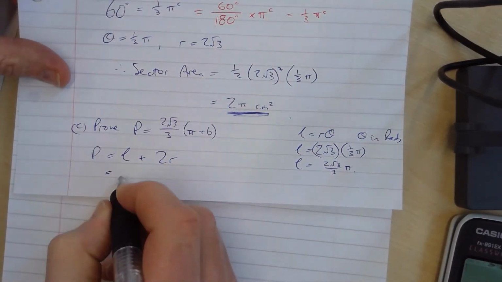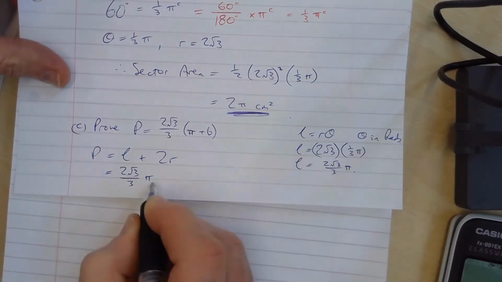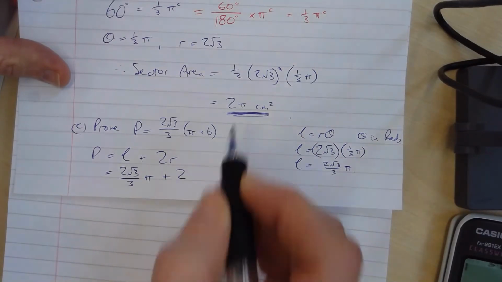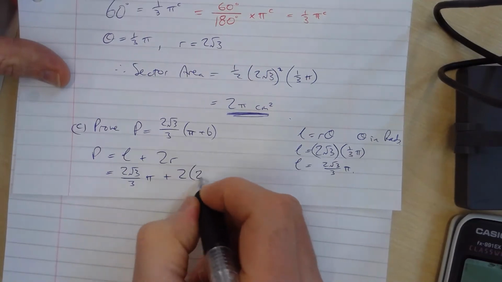So that equals our 2 root 3 over 3 pi for the arc length L, plus 2 lots of our radiuses, which are 2 root 3 each.